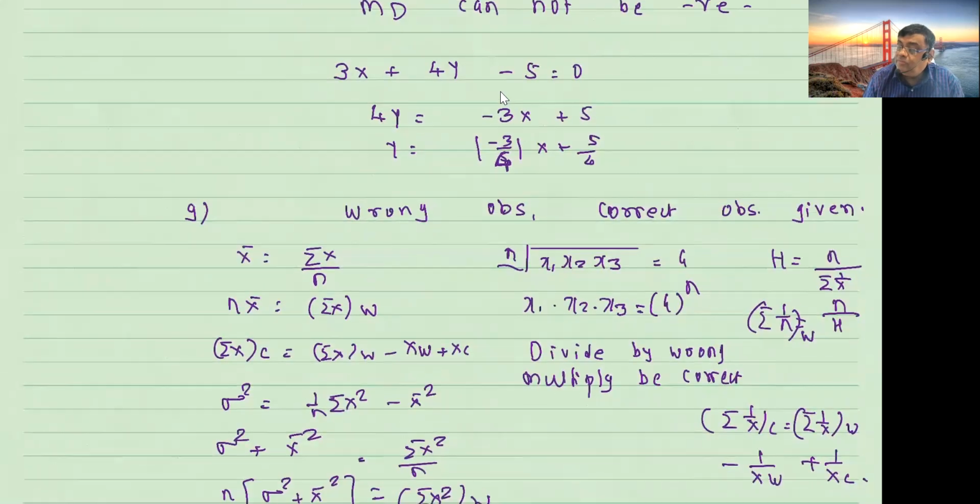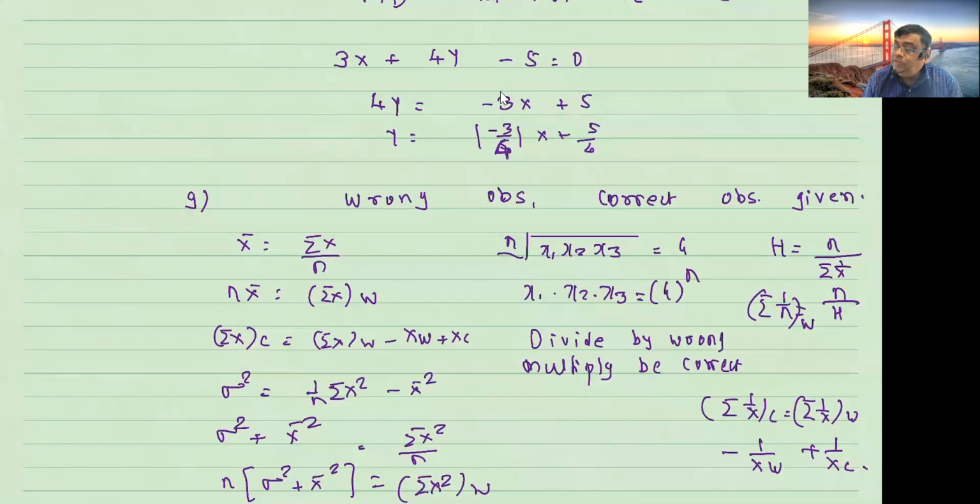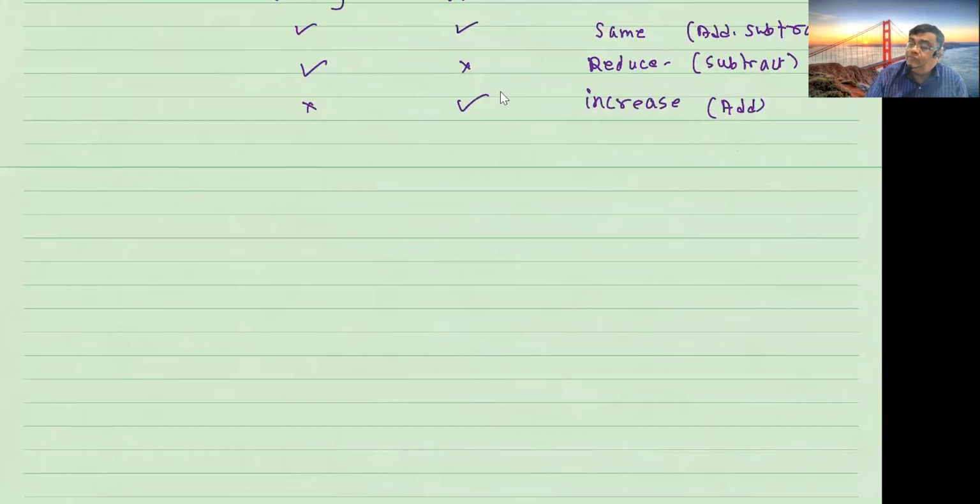Then I consider, just a moment, look at me. In case if the classes given are 0 to 10, 10 to 20, 20 to 30, 30 to 40, and 40 to 50.